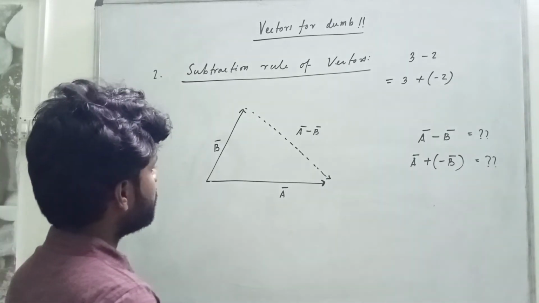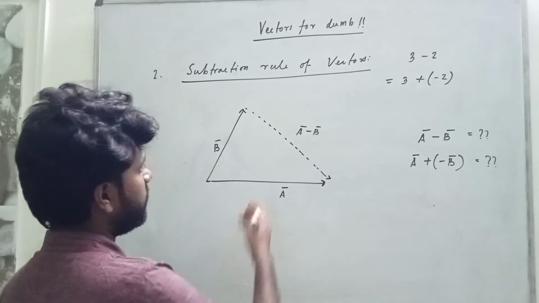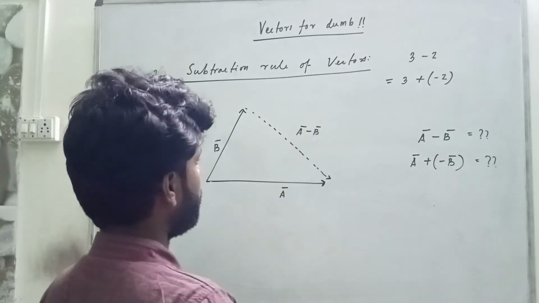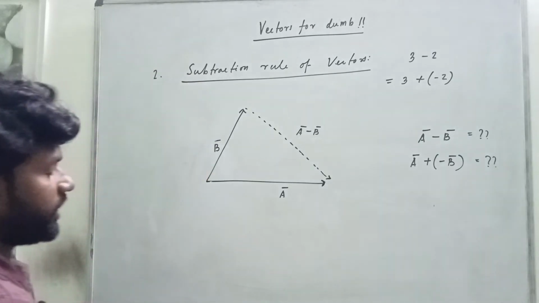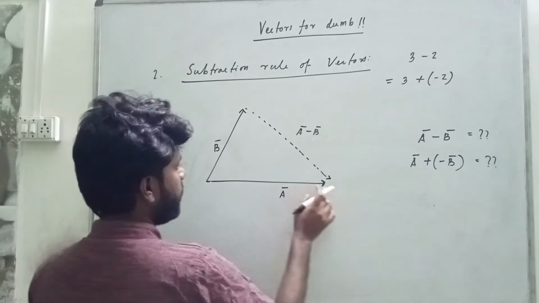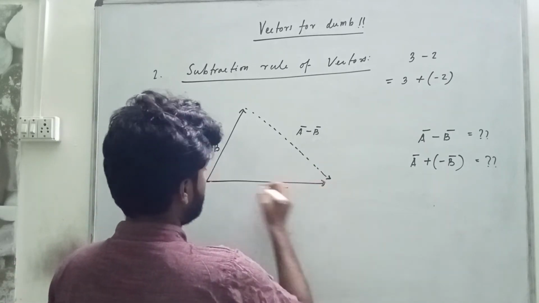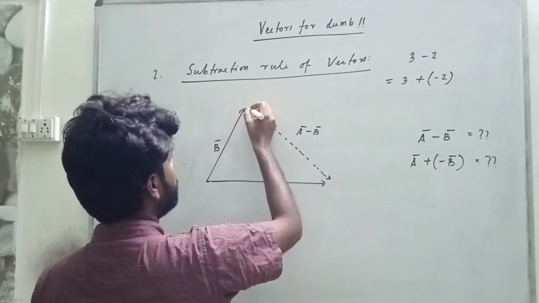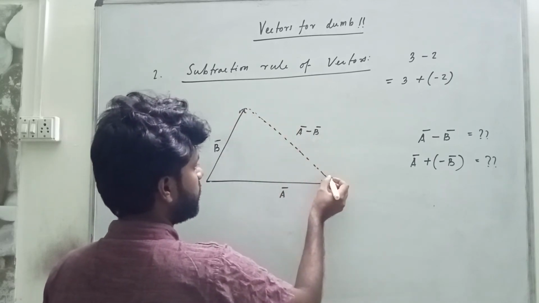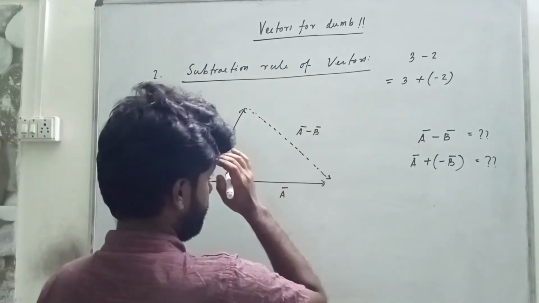Okay, so it is our A minus B. And just follow the arrow here, right? It is a very crucial thing. Just follow the arrow. If it is A in that direction, and if it is B in that direction, so A minus B actually is in that direction, right? It is A minus B, right?